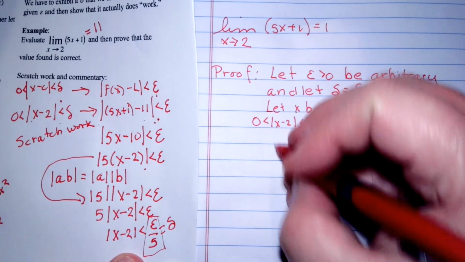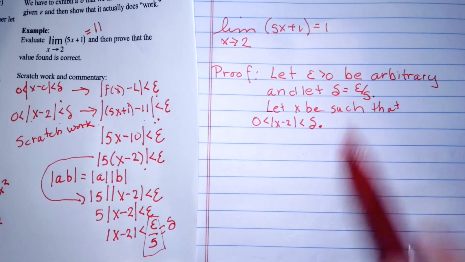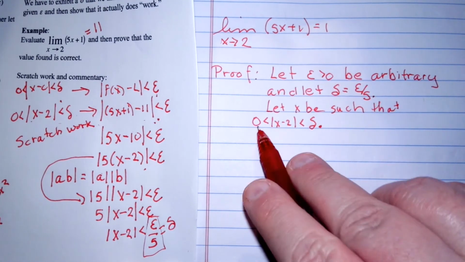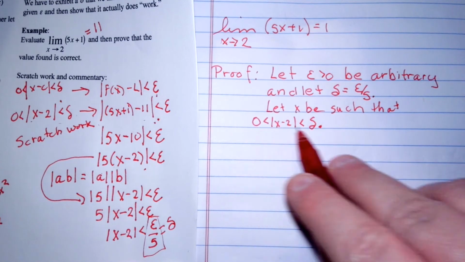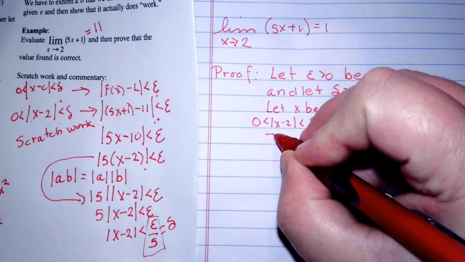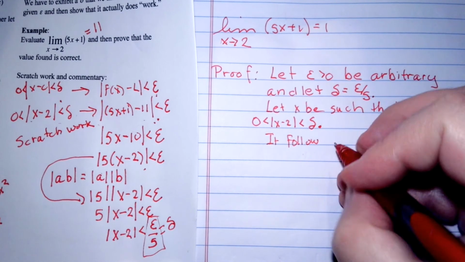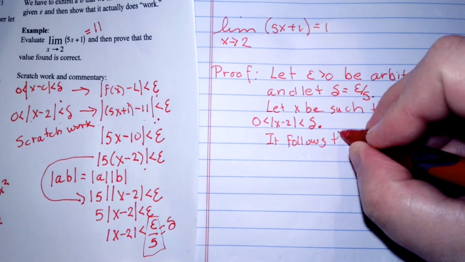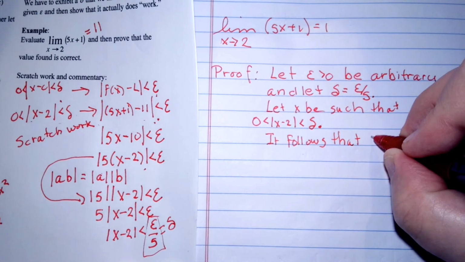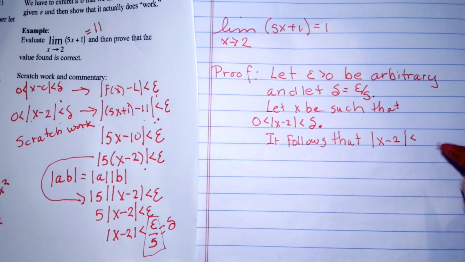Alright. Now you remember the next thing we did was remember that delta is epsilon over 5, so let's rewrite this expression with delta replaced with epsilon over 5, and I'm just going to write it this way. Since I want to write in full sentences, I'm going to say it follows that the absolute value of x minus 2 is less than epsilon over 5, just by a substitution.